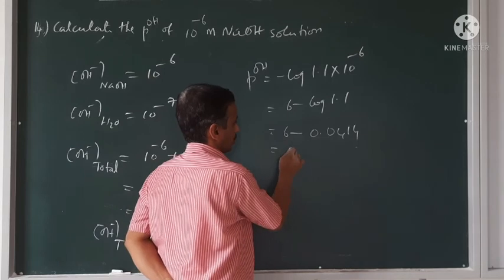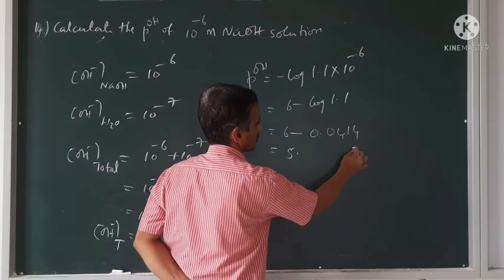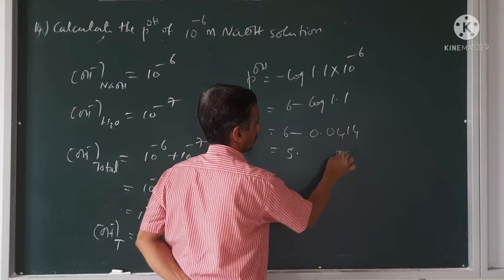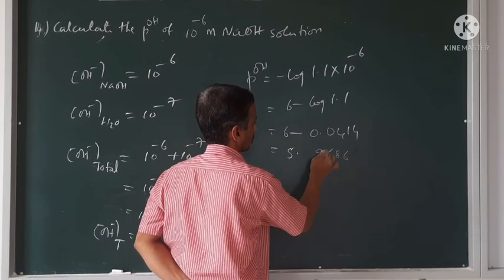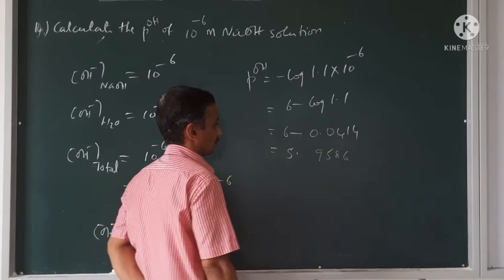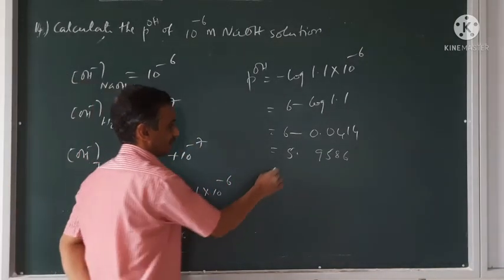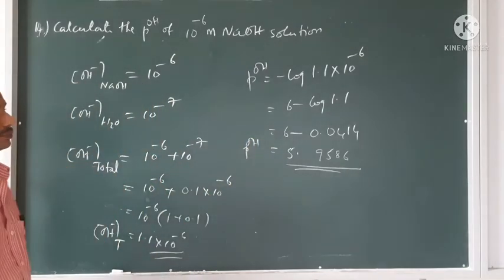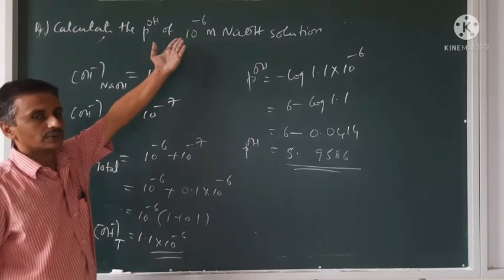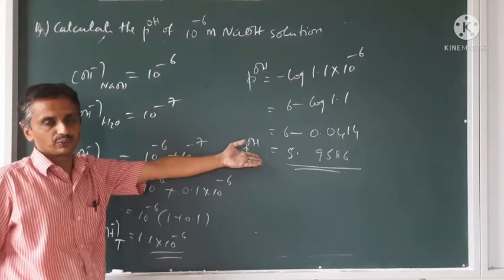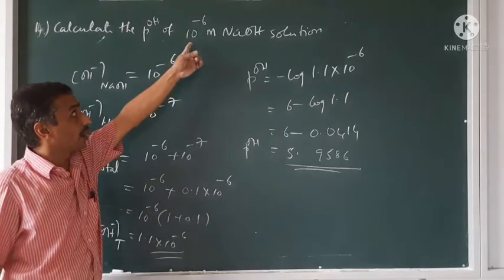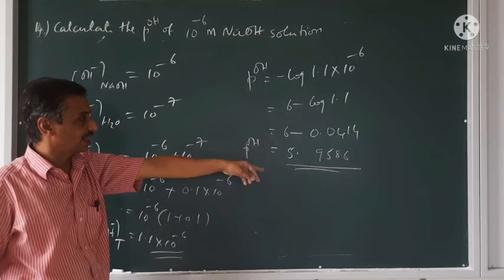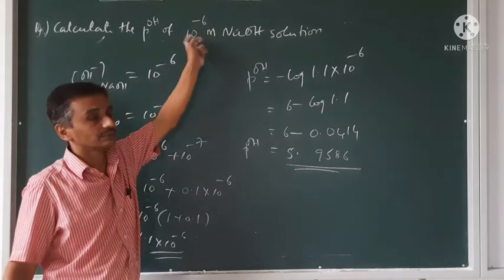So it is 5.9586 is the answer for this, whatever the pOH. You have to work out the exact digits. See, if the value 6 is given as well as 5.9586 is there, then this is the exact answer, not that.